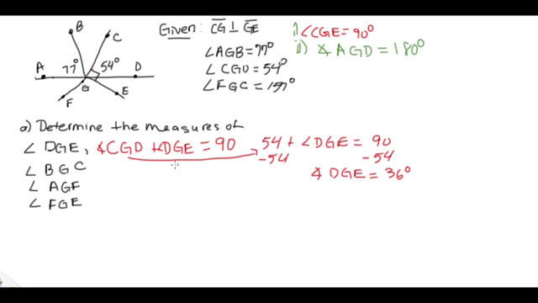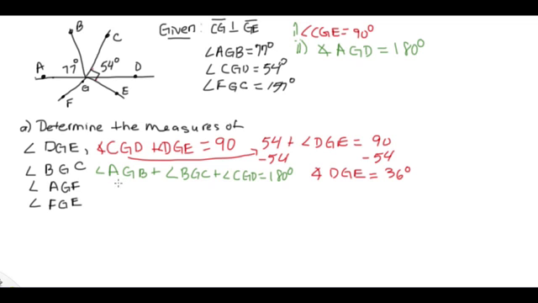So that means that angle AGB plus angle BGC plus angle CGD equals 180 degrees.